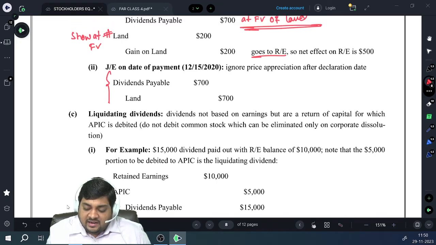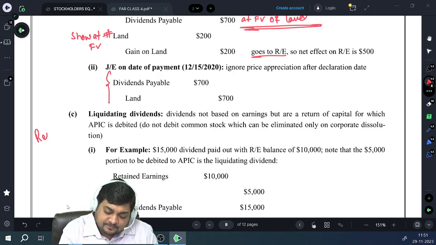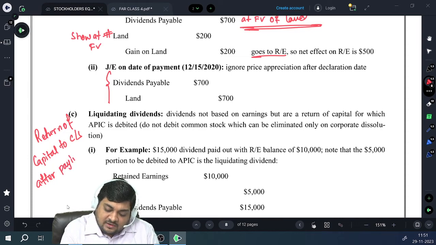Now liquidating dividend. Basically we are returning capital, return of capital to common stockholders after paying all liabilities and preferred stockholders.